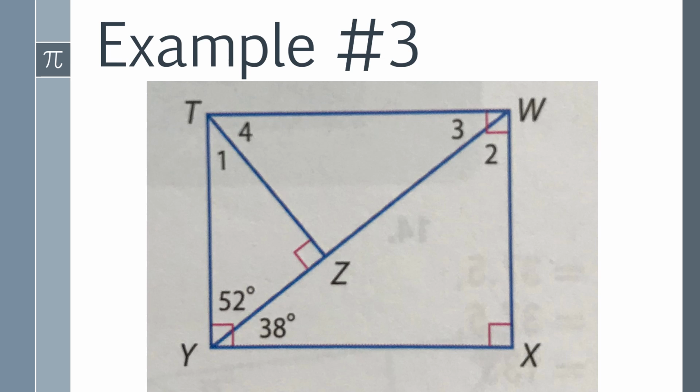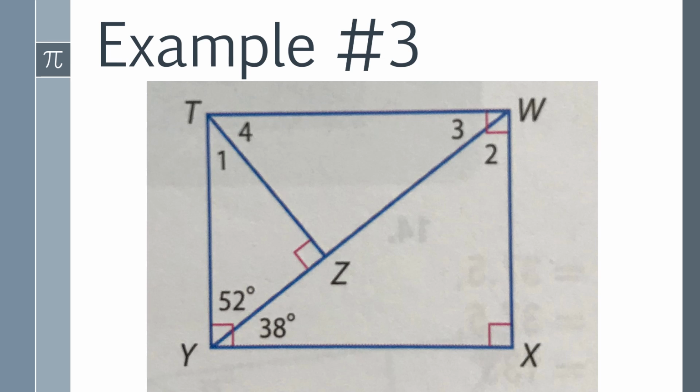Okay, for example 3 here, we've got a lot of right triangles, and we're going to work with all the right triangles in this picture to figure out what these angles are. So we're going to be using the right triangle corollaries, right?